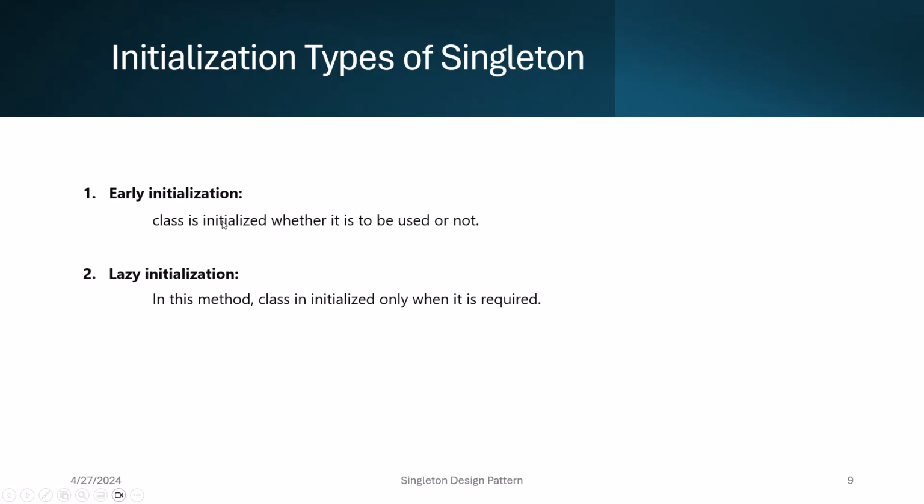But in lazy initialization, the class is initialized only when it is required. So it saves you from instantiating the class when you don't need it. Generally, lazy initialization is used when we create a singleton class, so this is what we are using.